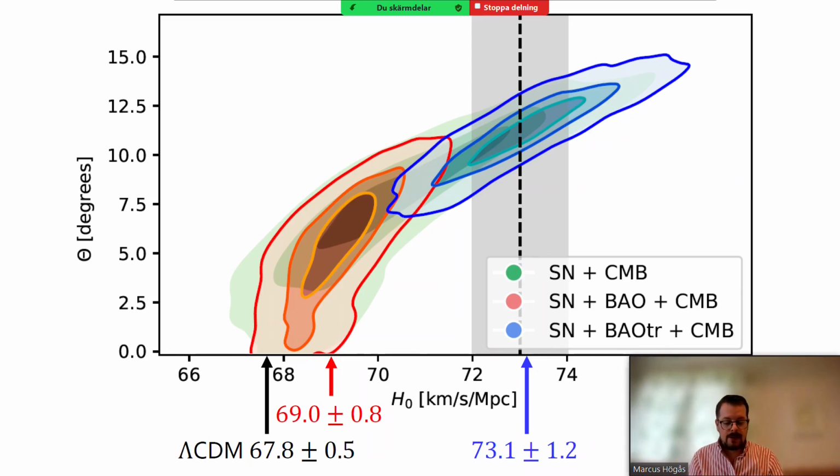And in fact, as you can see, with 2D BAO, the inferred value of H0 is more or less spot on the Hughes team estimate. So in this case, there is actually no tension between the inverse distance ladder and Hughes.